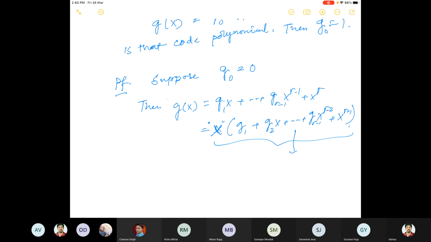You assume that this is a code polynomial which has minimum degree, which is r, and then you see that g(x) is equal to this. Then what? Yes, sir, it will be a code polynomial. Why?